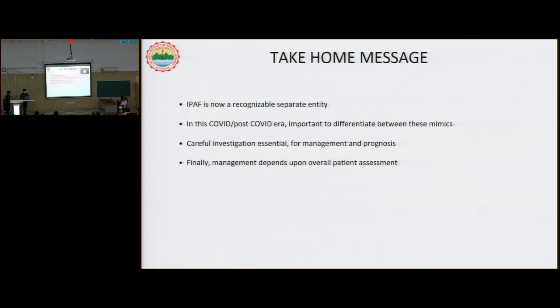So the basic take-home message is that in this post-COVID era, all cough may not be COVID. Patients who present in the emergency department, we need to work them up, review the history and rule out other possible diagnoses, because the management in the long run differs. Some patients who have inflammatory pathology may benefit from immunosuppressive therapy.